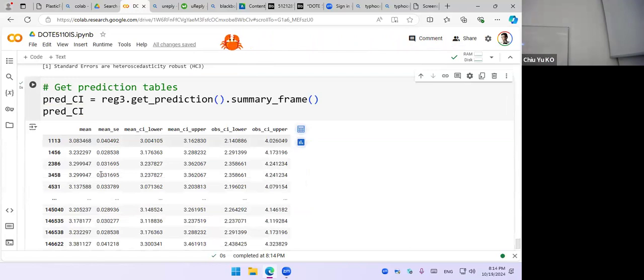It will tell you the mean prediction of the model, the observation, which is the Y, the standard error, and the interval there. That is what it's doing. The mean. We'll talk about the OBS this time, but these are the numbers that we have.